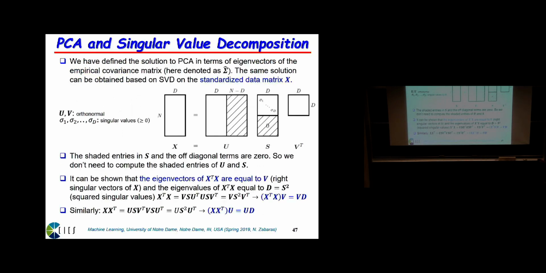All right, so let's try to calculate the eigenvectors and eigenvalues of the matrix X transpose X. If you take X equal U S V transpose and you form X transpose X, it comes out that X transpose X times V equals V times D, where D is equal to S squared. So basically, what are the eigenvectors of X transpose X?